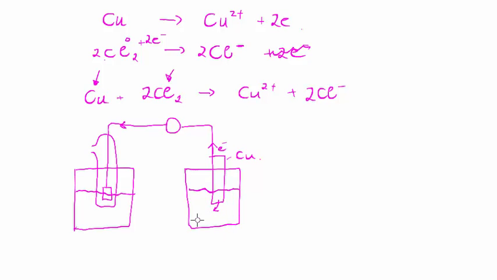So copper is donating copper ions into the solution. If it's donating copper ions into the solution, then obviously from the salt bridge, I don't know if they told us anything about the salt bridge, we'll go and look, I'm obviously going to be getting negative ions coming from there. On this side, electrons are reaching here, and chlorine is coming in here.